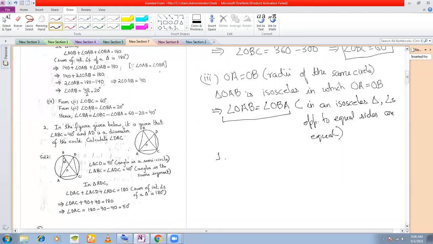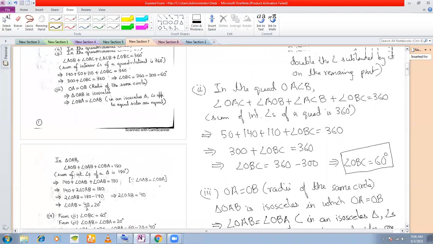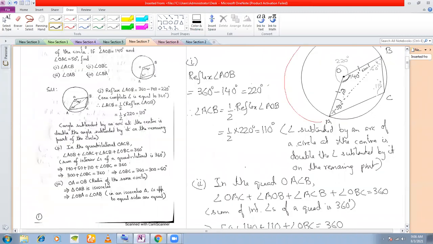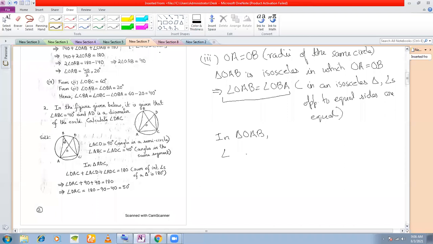So we say in triangle OAB, angle AOB, which is the 140-degree angle here, and the remaining two angles, OAB and OBA, must be equal to 180, because the sum of interior angles of a triangle is 180 degrees.